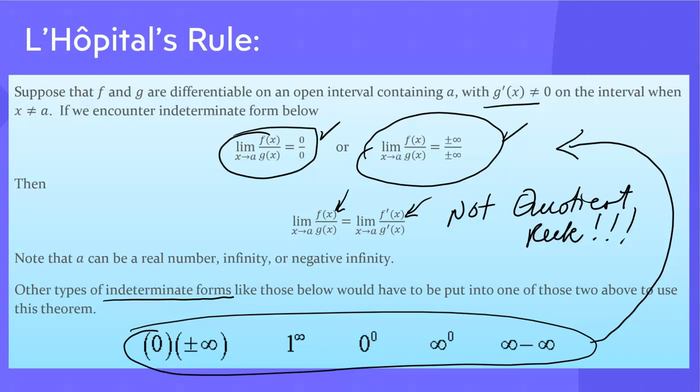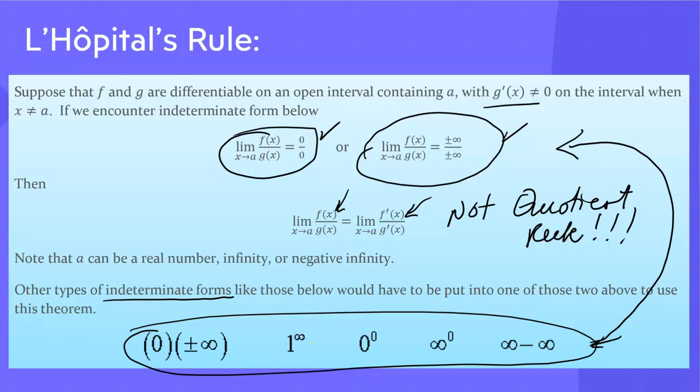You need to turn them into those forms first so that we can apply the L'Hopital rule. These are the indirect applications of the L'Hopital rule, meaning that you have to transform the way the expression looks so that it's 0 over 0 or infinity over infinity.